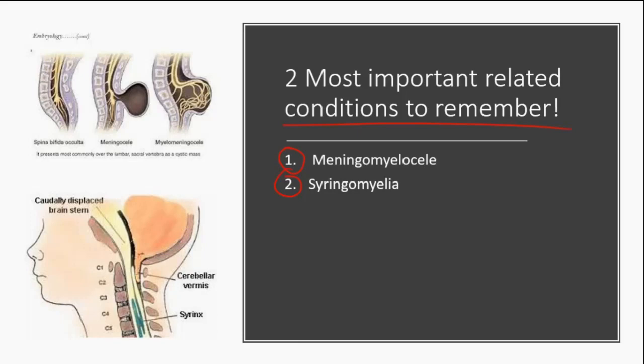But the way that I remember their association with Arnold-Chiari malformation is that Arnold-Chiari malformation is essentially a compression of the posterior structures in the brain, right? Now, meningomyelocele is essentially like a malformation of the spine that pushes structures out of their original anatomical positions. So that's easy for me, that I can create an association there. That might not be exactly why it's associated, but it's an easy way to understand it.